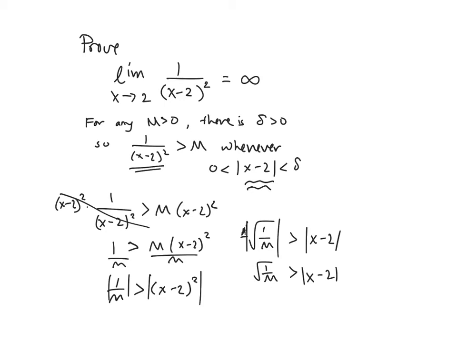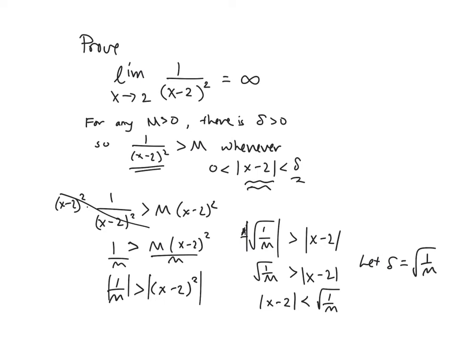If I rearrange these to put the absolute value of x minus 2 in the beginning, I get the absolute value of x minus 2 is less than the square root of 1 over M. And so that means that I'm going to let delta equal the square root of 1 over M, because delta was what that absolute value of x minus 2 was.